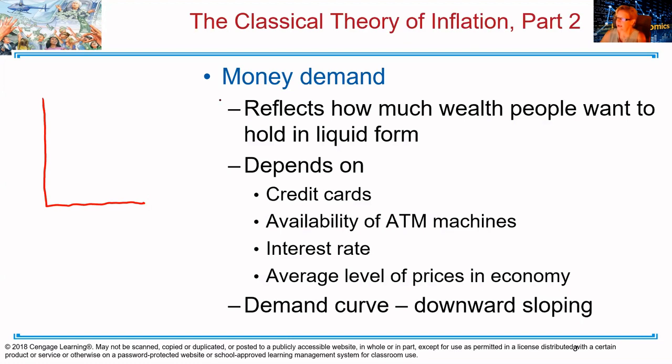Okay, now money demand. So how much money do we need to hold in its most liquid form in terms of dollars? And again, there are some fluctuating circumstances. You'll see it here.